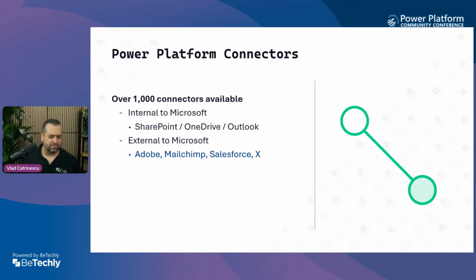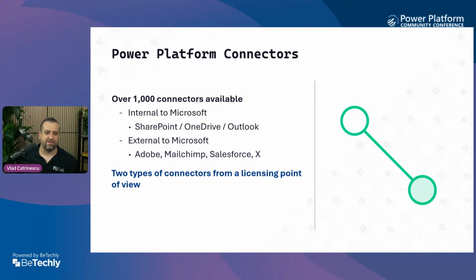From a licensing point of view, and we only have 20 minutes today, so I'll try to avoid licensing as much as possible. We'll talk a lot more about it during the workshop. We really have two types, standard and premium. So if I had to give you a quick tip, we're not going to go through 1,000 connectors today. We would use an hour just on that or more.